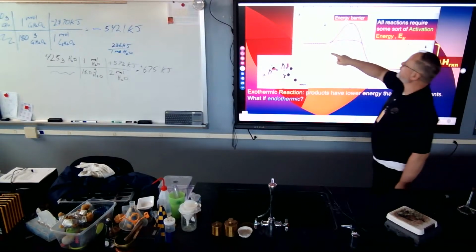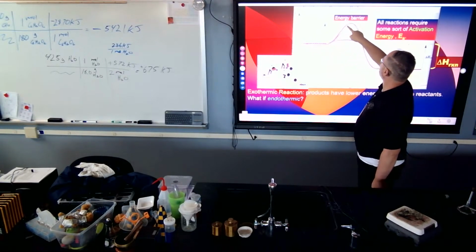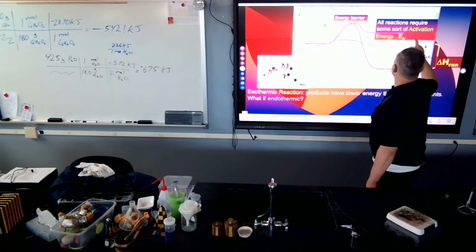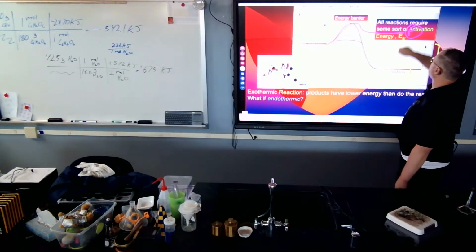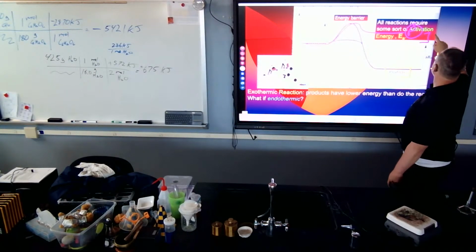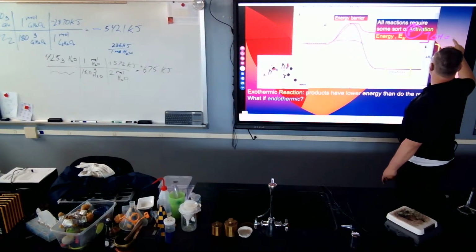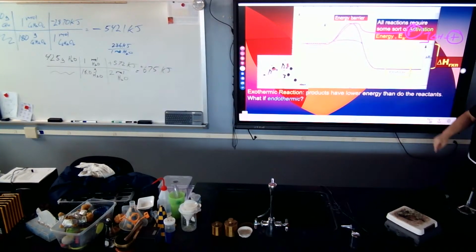You start with the reactants, go up your energy barrier, and end up here, and that's your products. This delta H is positive because the reactants have gained energy. So in an endothermic process, your products are above the reactants.